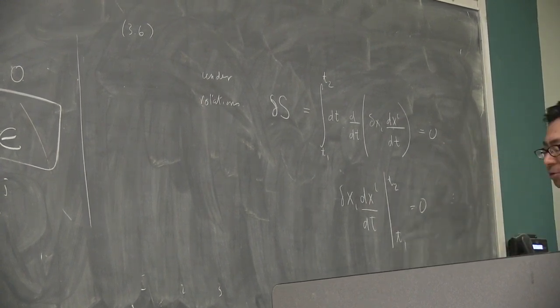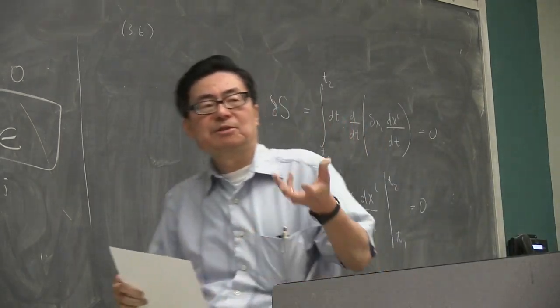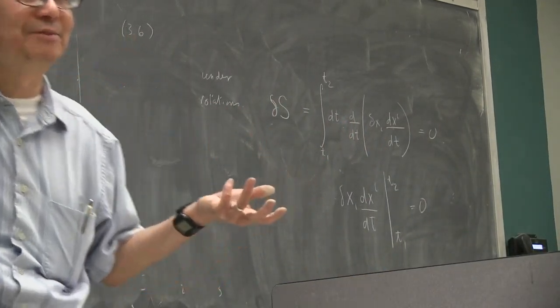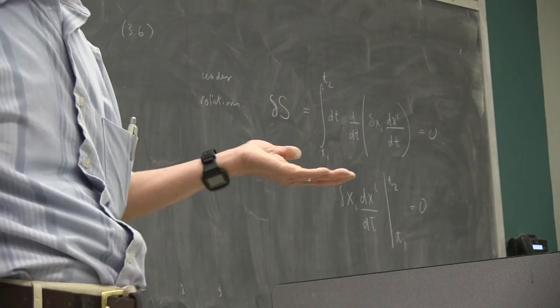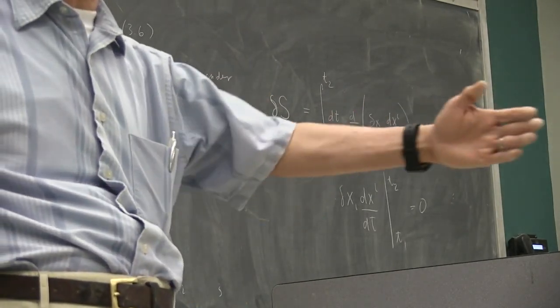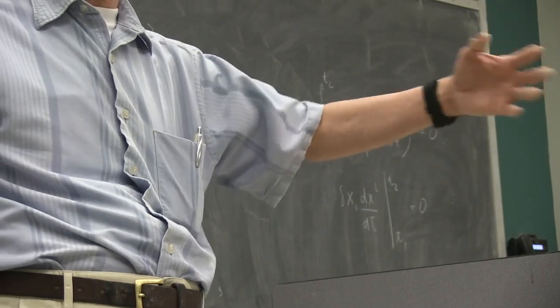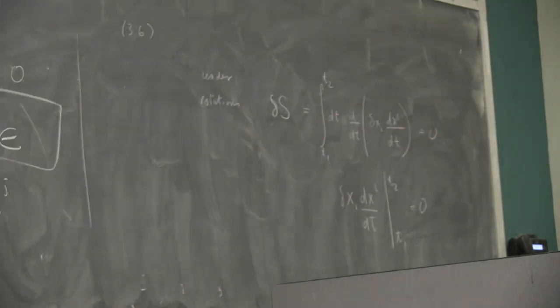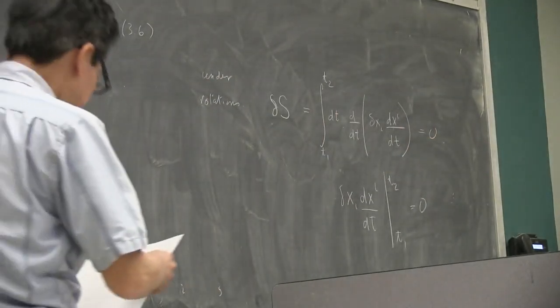Now t1 and t2, we haven't specified those times, so those can be any 2 times whatsoever. So that ends up meaning what? That ends up meaning that quantity must be constant as time changes. So there's a conservation of something. Okay? That quantity must be constant as time changes.